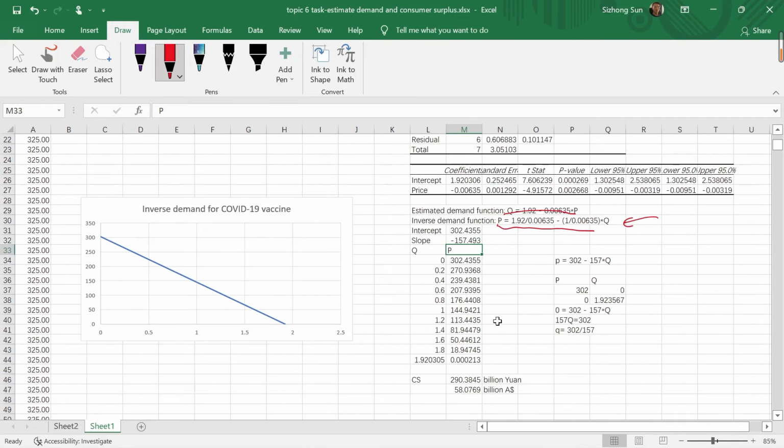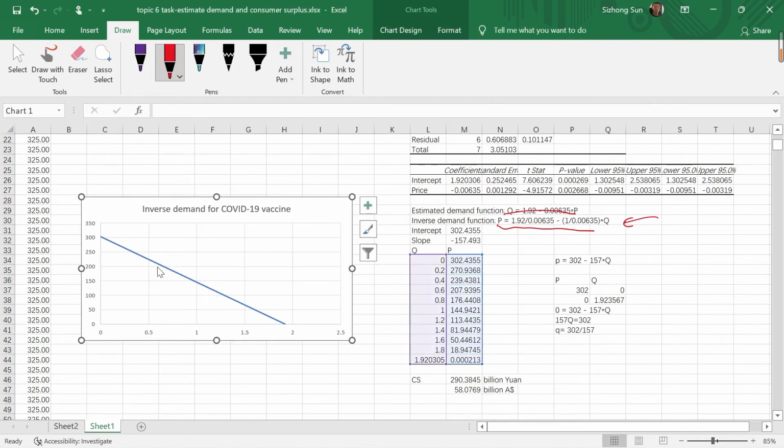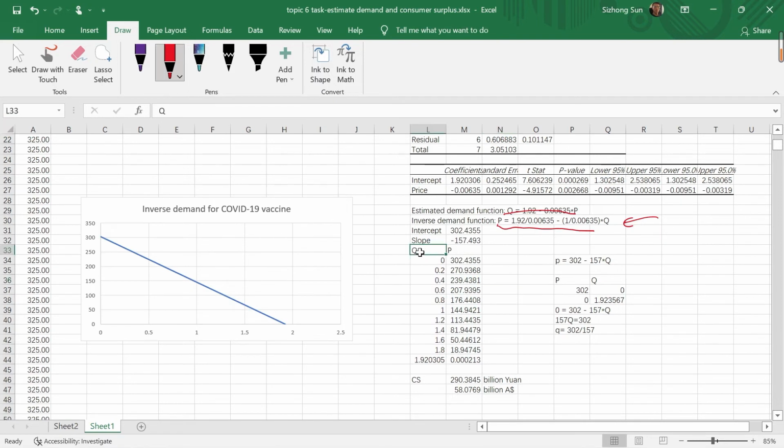Then I'm going to plot this inverse demand function into a diagram like this. All I want to do is to ask, if Q is 0, what's the associated price? If Q is 0.2, what's the associated price?